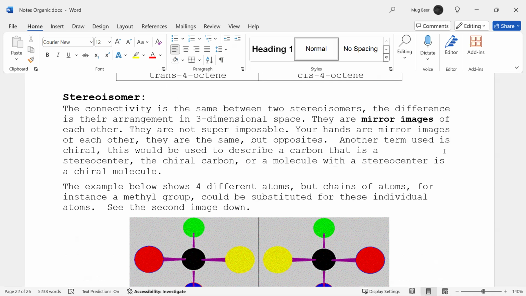So build a methane molecule that has 4 different things attached to it. Hydrogen and chlorine and bromine and fluorine. Random stuff. Yep. 4 different random thingy bombs.